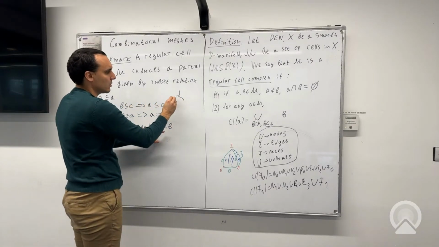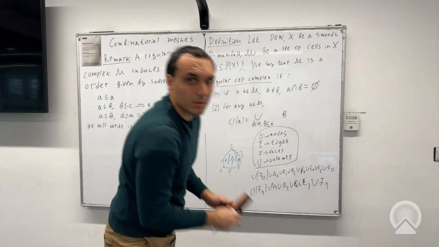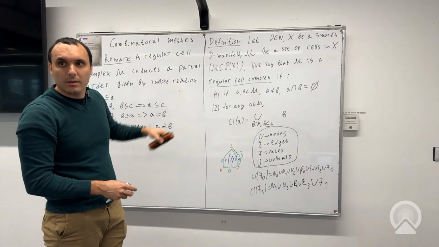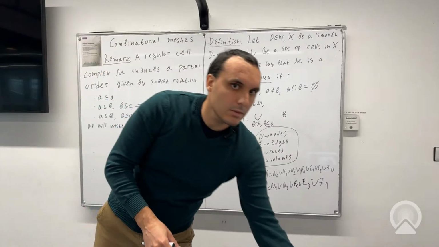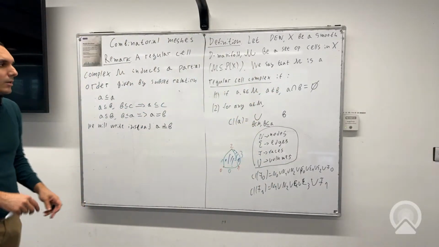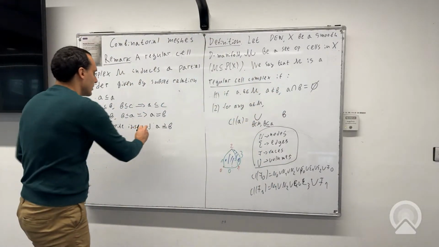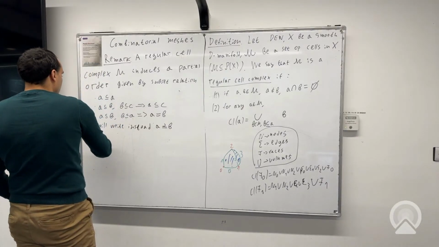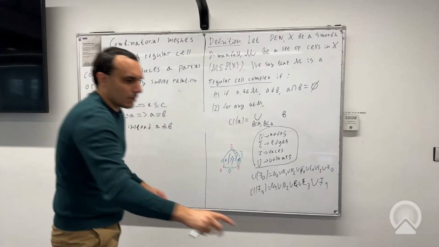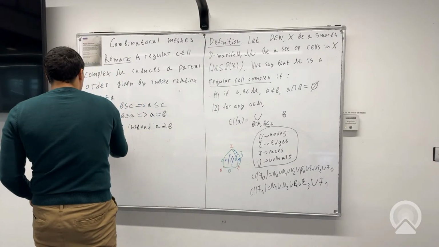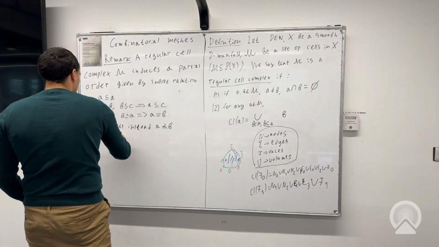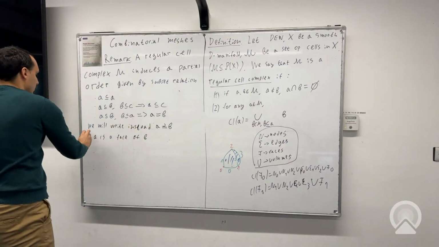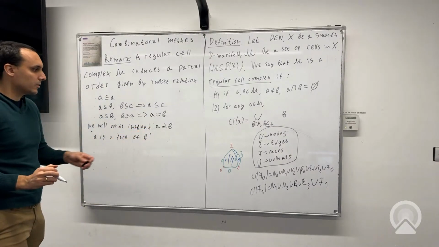Okay, A is on the boundary. Okay, A is a face of B. Let's say this is how we'll call it. Okay.